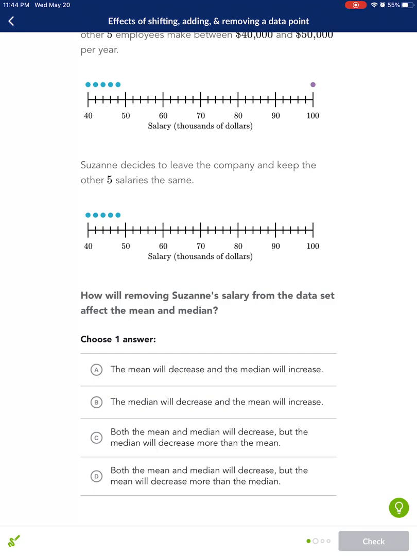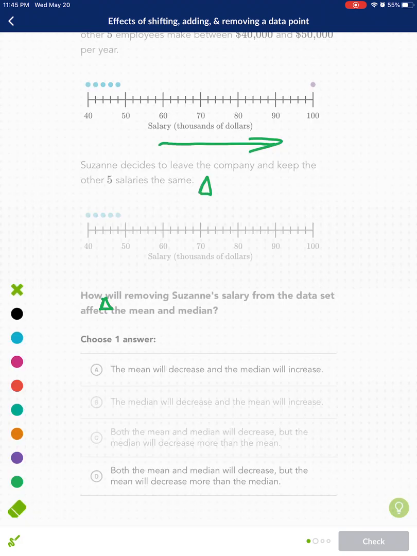I apologize. How will removing her salary affect the mean and median? Not how does her salary affect it. How does removing it affect it? So if you remove it, the mean will decrease. So I'm going to retract any previous rambling, and we are going with the mean decreasing. So we need one that says the mean will decrease.